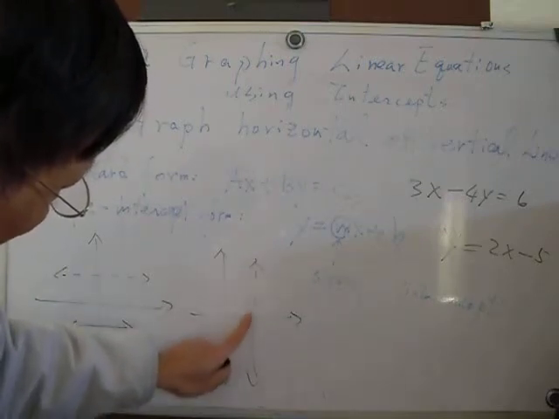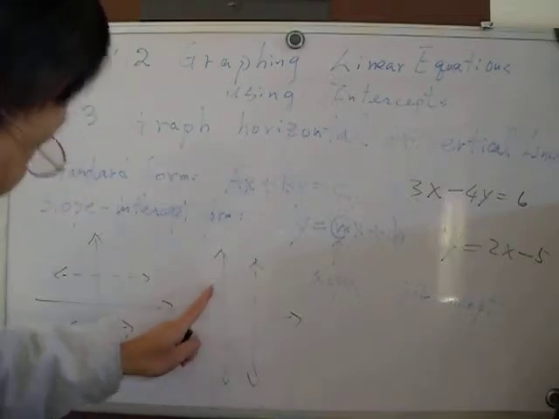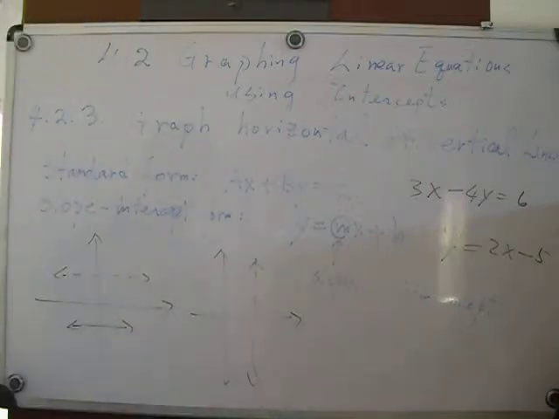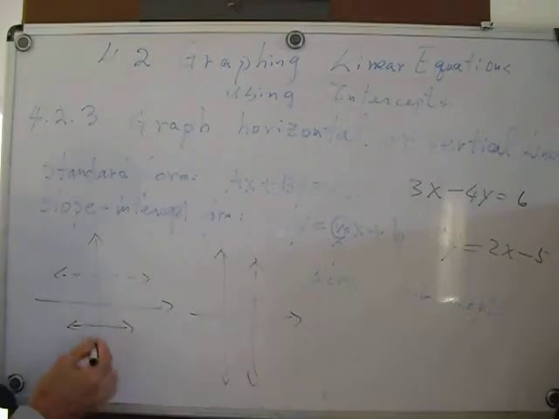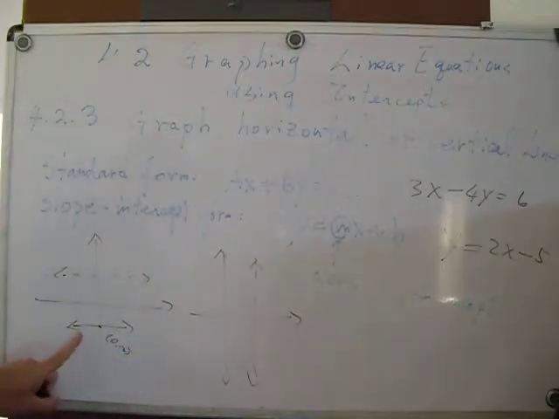A vertical line here never has any y-intercept. As you can see, very easy example here. You just cross the -2, so 0, -2 here. How are you going to write this horizontal line?